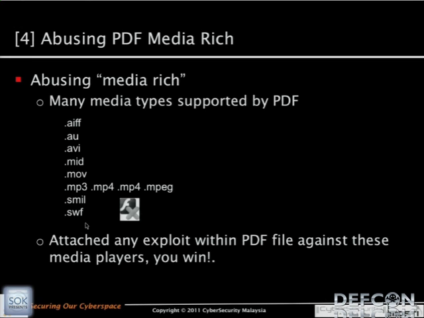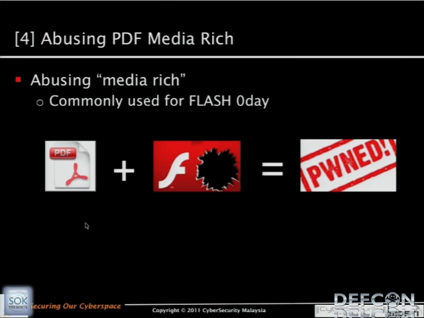So if you attach any exploit within the PDF file against this media player, well, you normally win, because people are not really suspicious to click on a PDF, rather than clicking on an MP3 or .mov that comes over your email or something. Okay, and normally the PDF is used against a Flash 0-day.